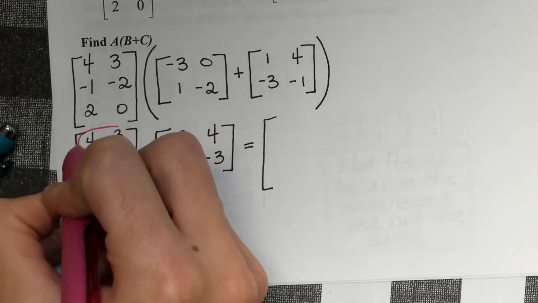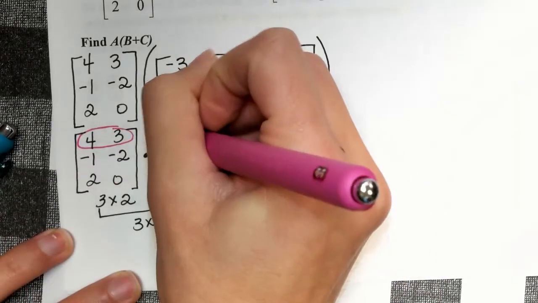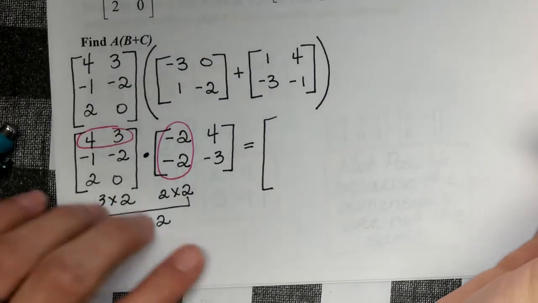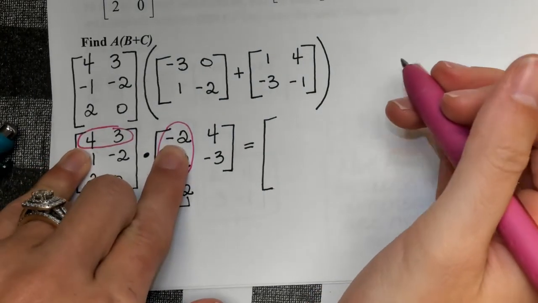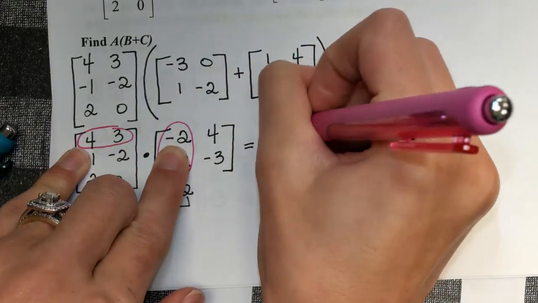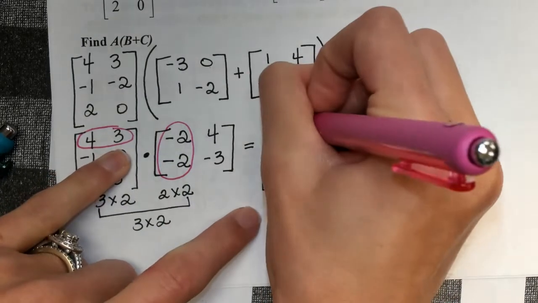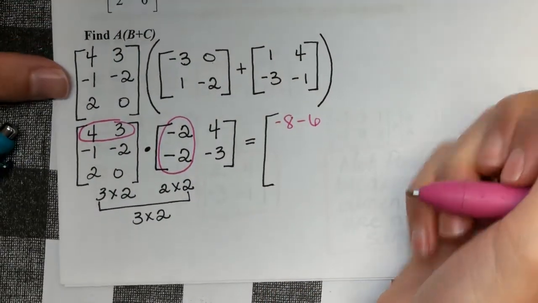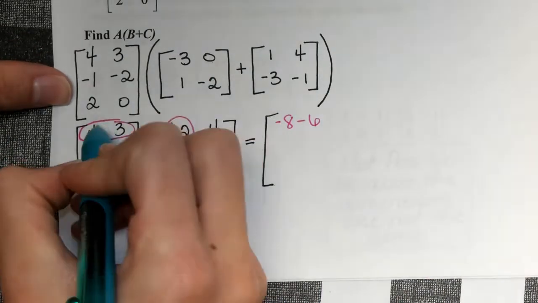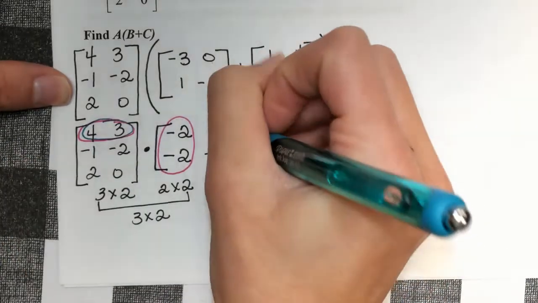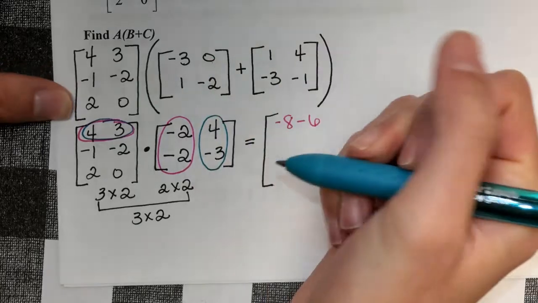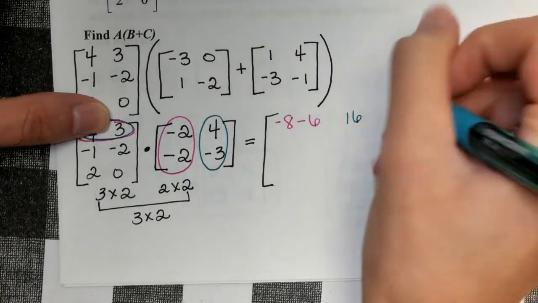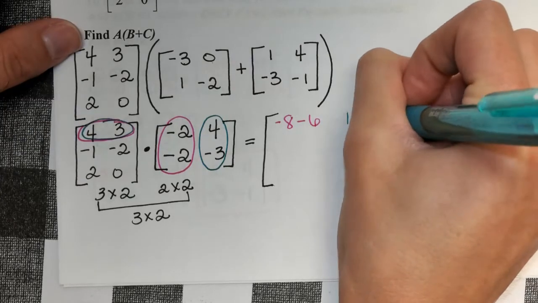So first row, first column. So I'm going to have -8 and a -6. Then first row, second column, 4 and 4 gives me 16. 3 and -3 gives me -9.